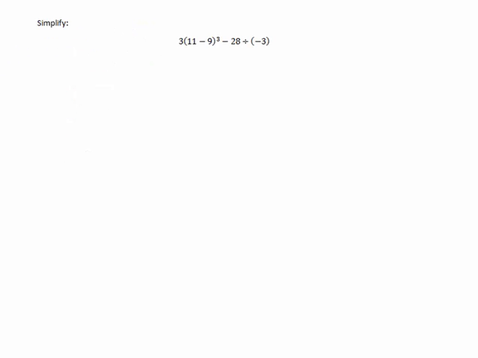Now we're going to put this into practice here. I left a typo on this page. This should not be negative 3, so let's cross that out. It should say negative 4. Alright, to handle the order of operations, we need to start with parentheses, and the parentheses is 11 minus 9.